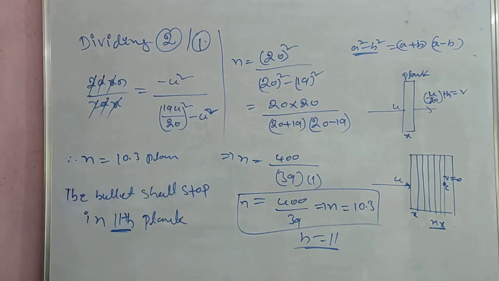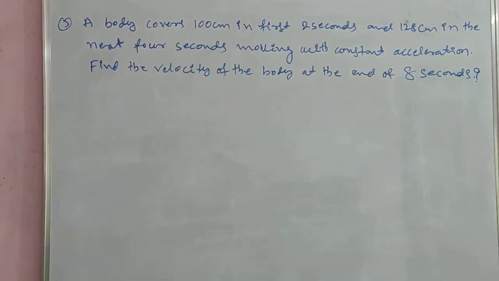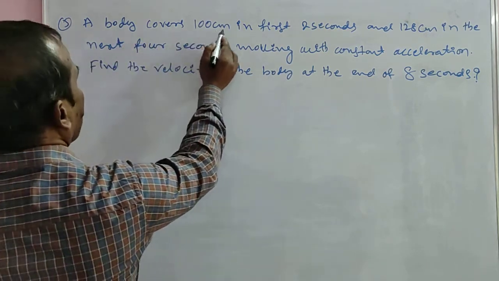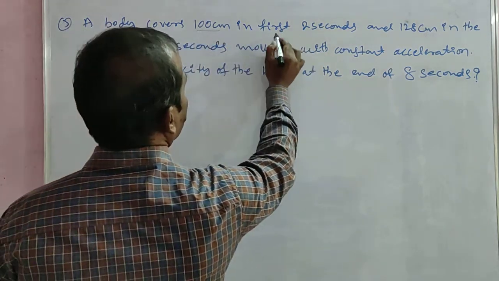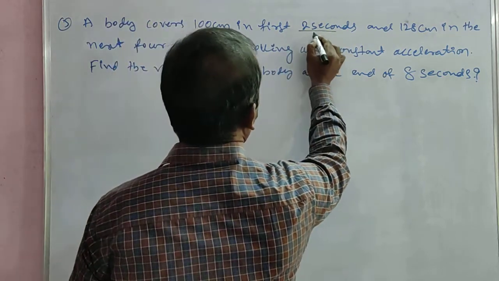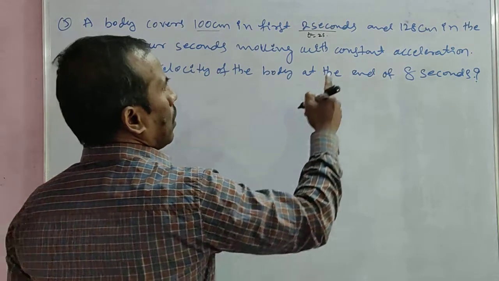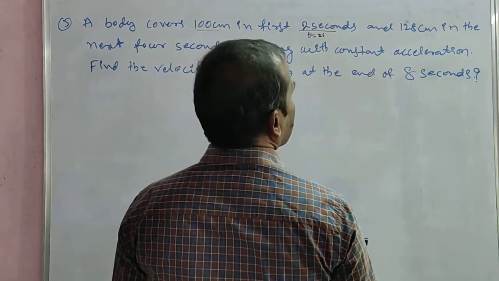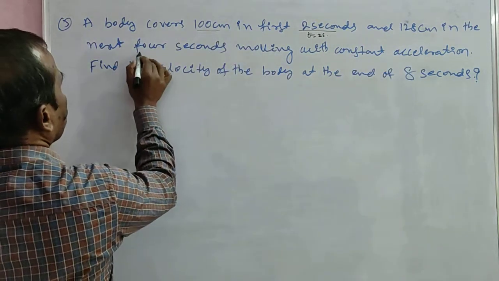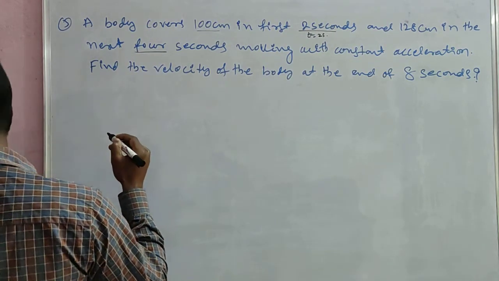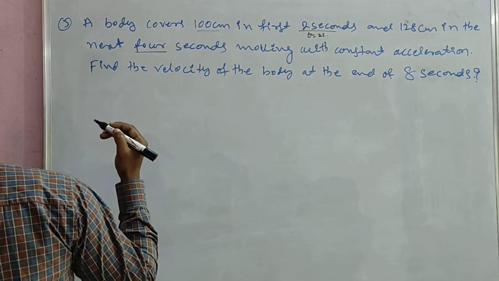Next problem. Here the problem is: a body covers 100 centimeters in the first 2 seconds, here t is equal to 2 seconds, and 128 centimeters in the next 4 seconds.